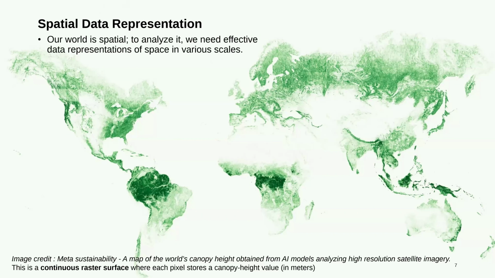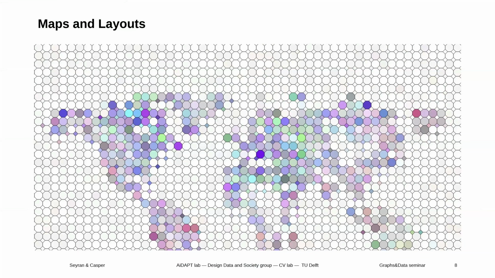I think maps are perhaps one of the most popular representations of spatial data. A map is a structured representation of geography and topology, and we see it at different scales, from global scales to cities, to urban maps, to neighborhoods, and to the building as well, which is a building layout.